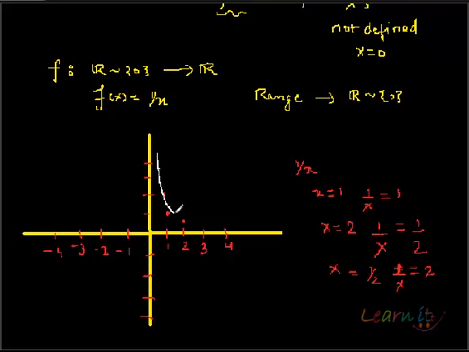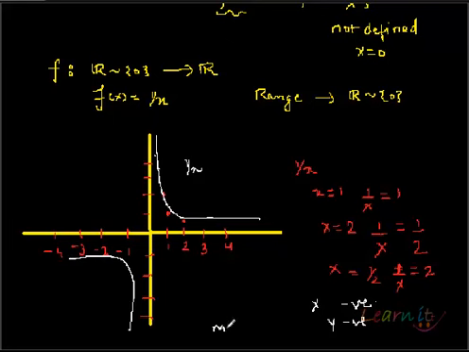So that's how the graph would go asymptotically like this. And similarly, for the negative side of x. When your x's are negative, of course your y's will also become negative, right? So the same kind of reflection you will get on the third quadrant as well.